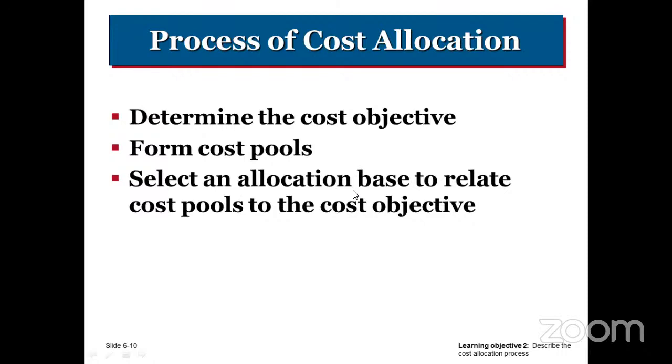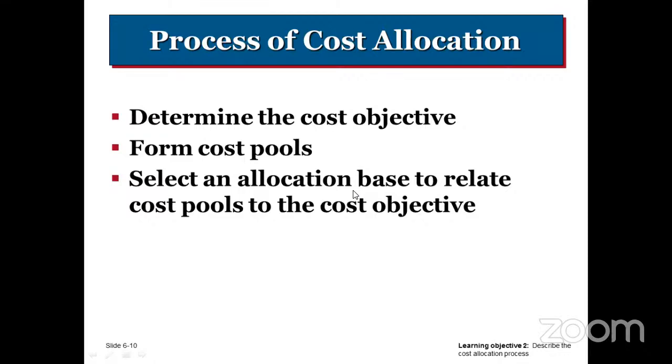An easy example: you say my cost pool, the total cost for this year, is 1 million, and I want to produce 100,000 washing machines. So 1 million divided by 100,000, you will get $10 per unit.